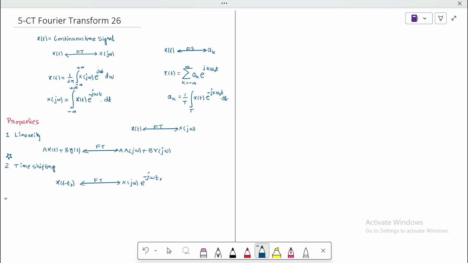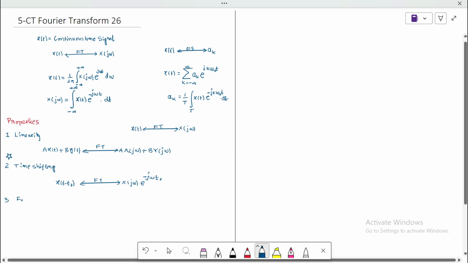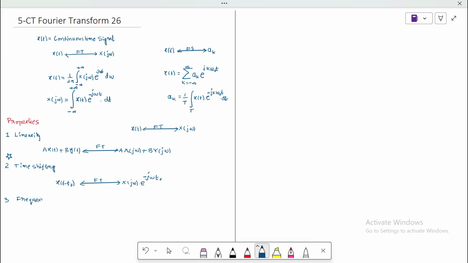Then the third one is the frequency shifting property. The frequency shifting property is nothing but shifting in the frequency signal.